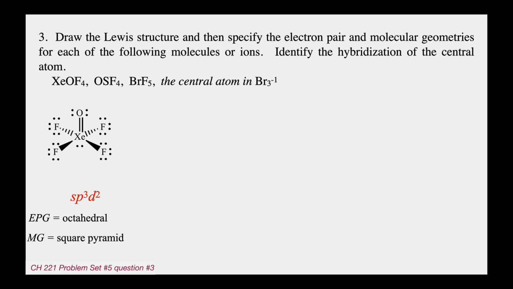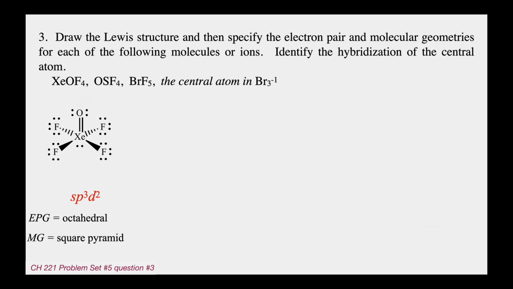So when it comes to the atoms in OSF4, the oxygen is not the central atom. It's actually going to be sulfur. Sulfur has lower electronegativity than the oxygen or fluorine, and the central atom is always the lowest electronegative atom. So in the molecule, do not put the oxygen in the middle, put the sulfur there.